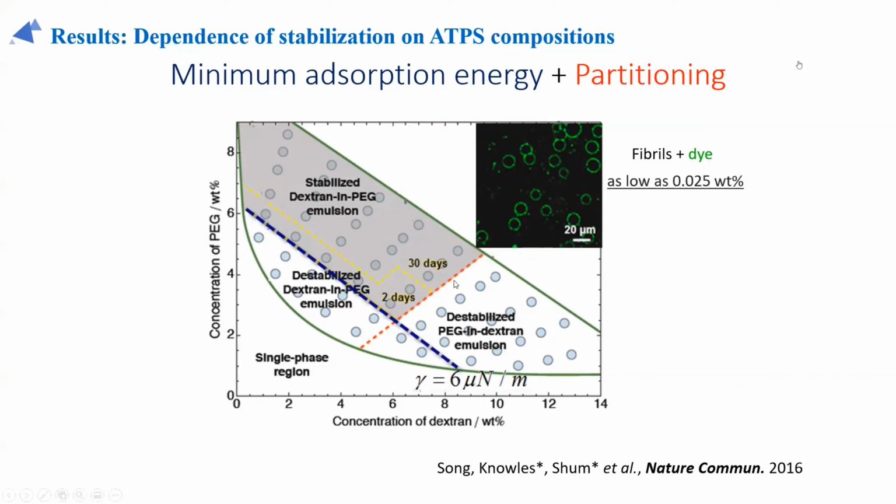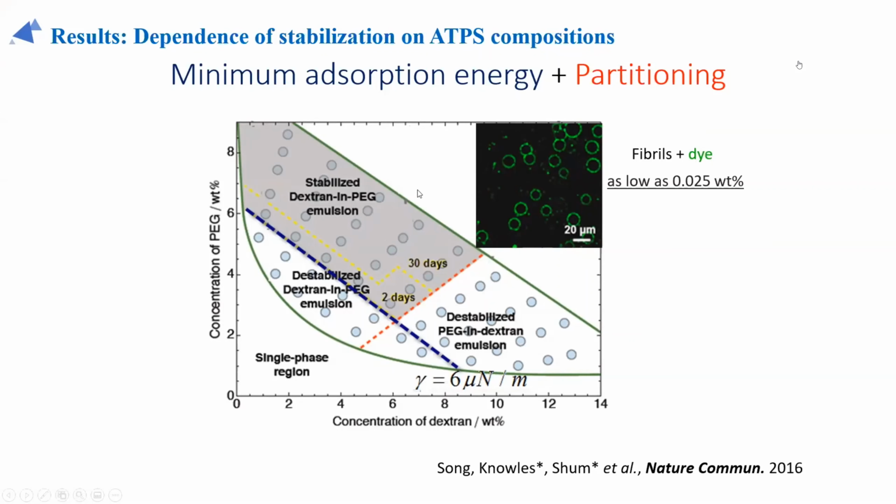And on the red dotted line here, we also notice that if we go from dextran in PEG emulsion droplets to PEG in dextran emulsion droplets, the PEG in dextran emulsion droplets tend to be less stable. This is also because the nanofibrils actually prefer the PEG phase.